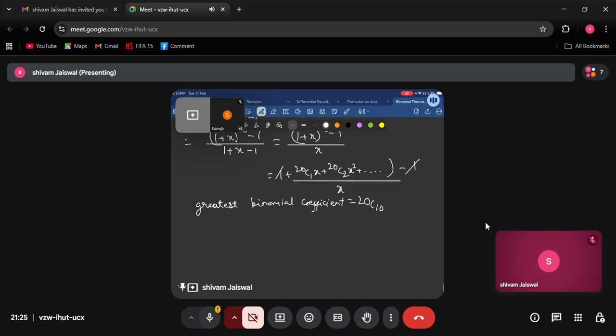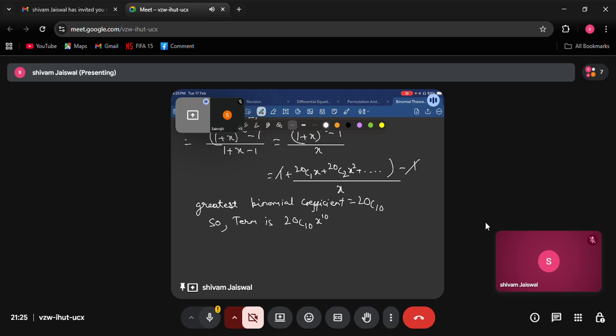So what is the term? So the term is 20c10 x to the power 10. But it is also divided by x. Right? Okay.